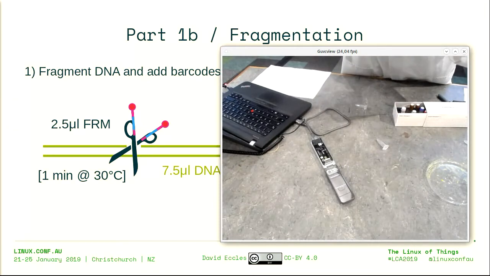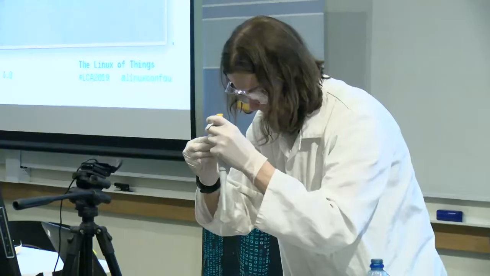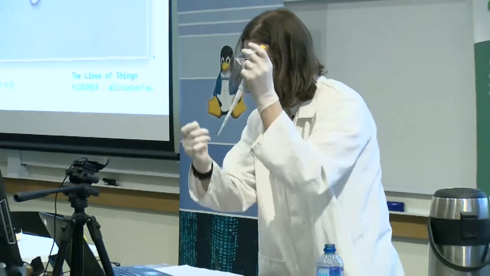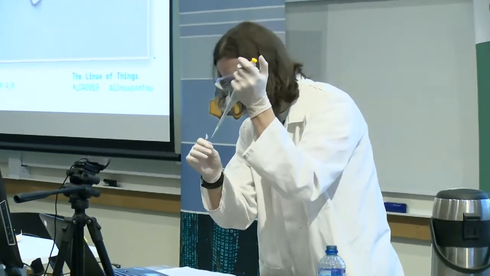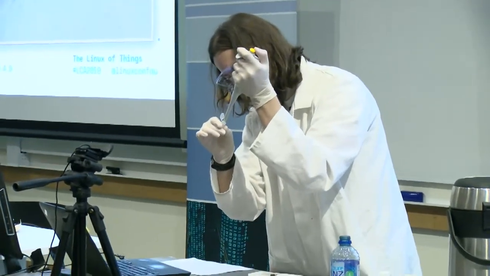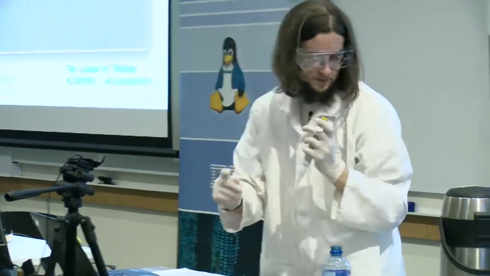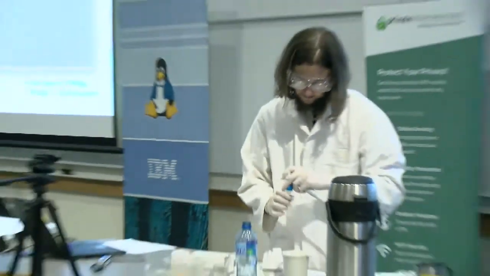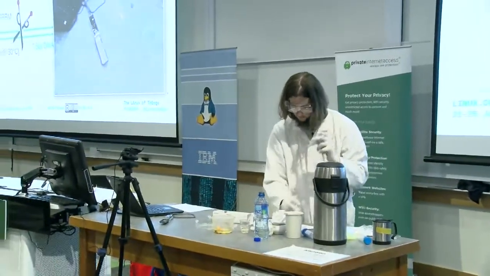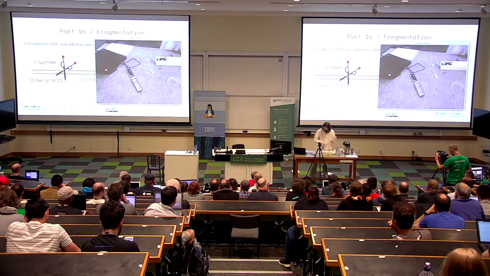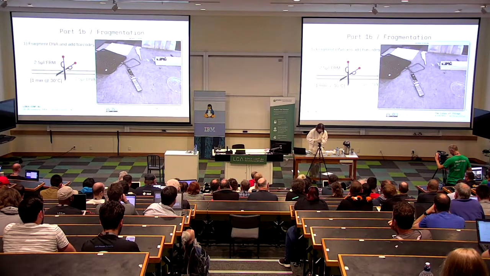Okay, there's something in there. Now that goes into my 1 tube, which I have labeled. I think I'm just going to leave that open. And I'm going to label this 2 tube now.